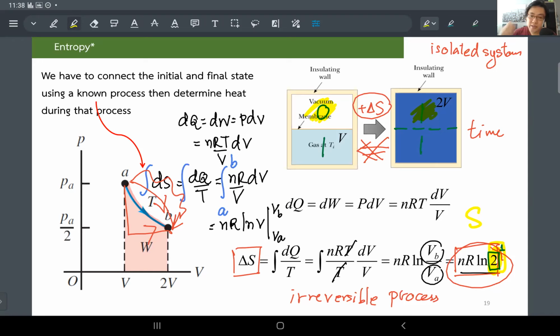Okay, so that's why entropy is a very fascinating concept. It tells you the direction of the processes going on in this universe. Cool, isn't that amazing? All right. Okay. I think I have told you enough. I guess it's maybe already too much, but I think this is a very, very cool concept.